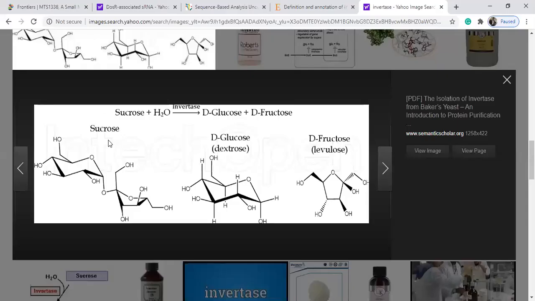So this sucrose, which is a disaccharide, will be broken down into glucose and fructose. This glucose which is formed is actually dextrose. What is dextrose? Dextrose will rotate your plane of polarized light towards your right hand side. But this fructose, which has a higher value, will be levorotatory, so it will rotate the plane of polarized light towards the left hand side.